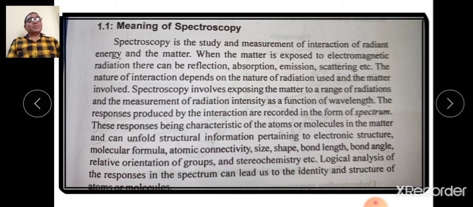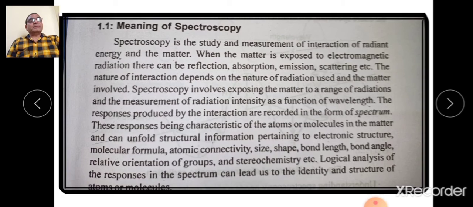The responses produced by the interactions are recorded in the form of spectrum. These responses can give the information about electronic structure, molecular formula of the molecule, atomic connectivity, size and shape, relative orientation of the groups, and stereochemistry.